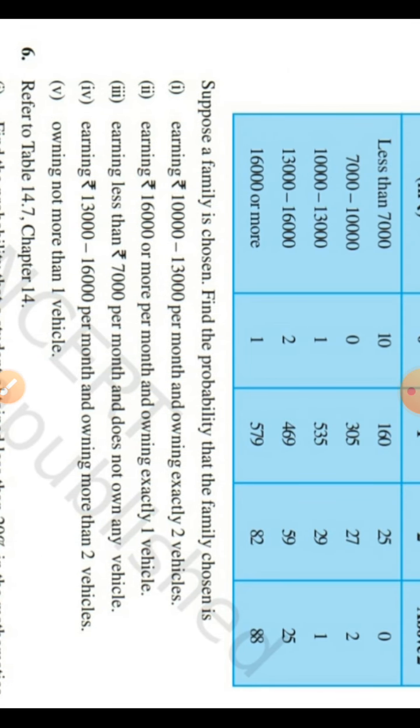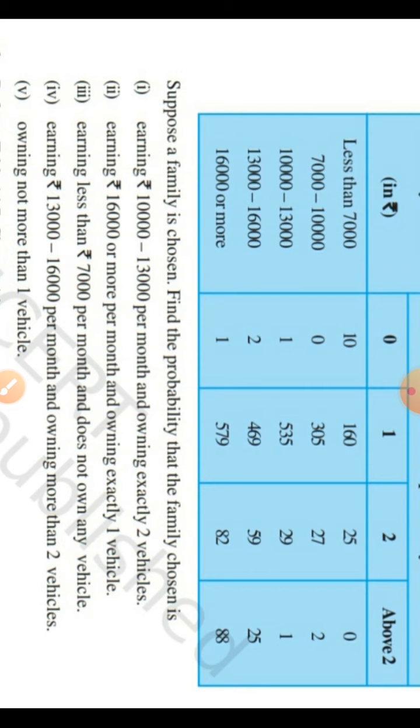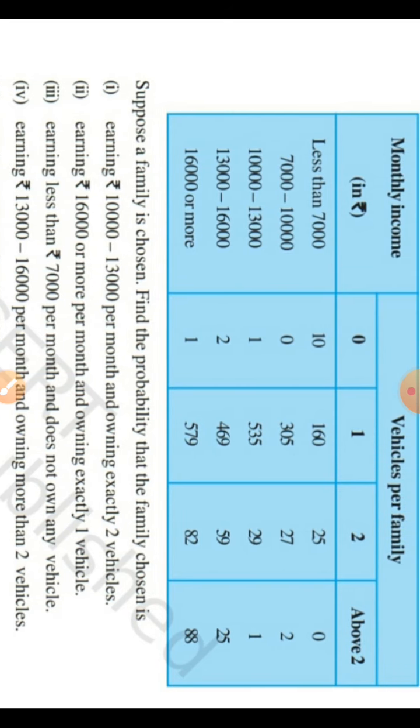Now look at the first one. Earning 10 to 13,000 per month. So you understand, we have to look at the third line of the table, because the income group is 10 to 13,000. Now in which column? Owning exactly two vehicles. So third row, third column, two vehicles only.